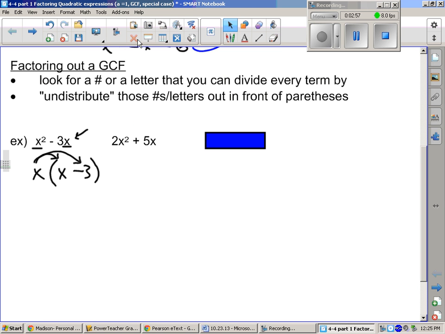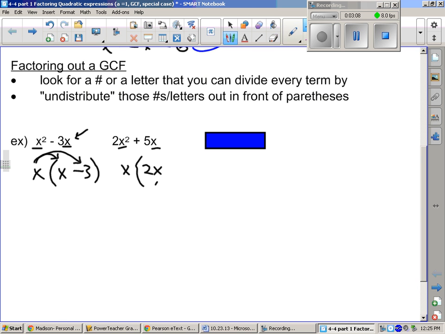All right, the next one, I still have an x in common, and I take that x out front, divide it out, and I have left 2x because those two have to make this, and then I have a plus 5. Okay, the next one, I have numbers and letters. The numbers we do first because this is math and not English.